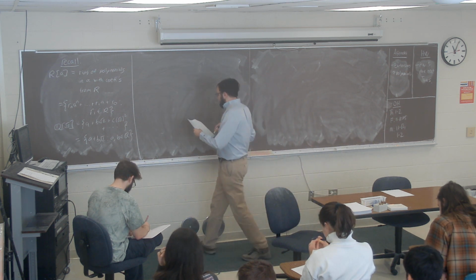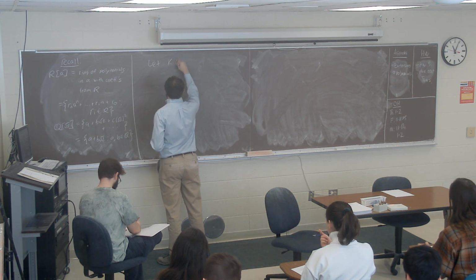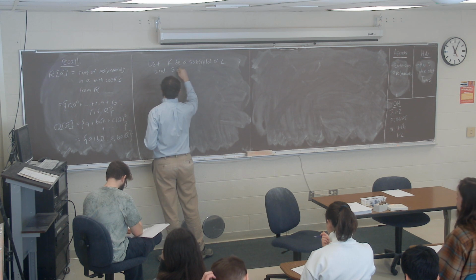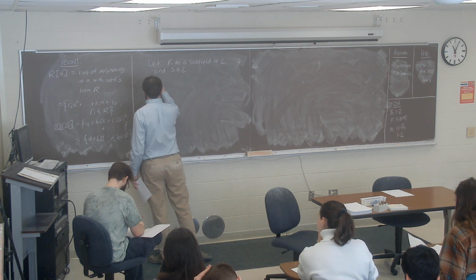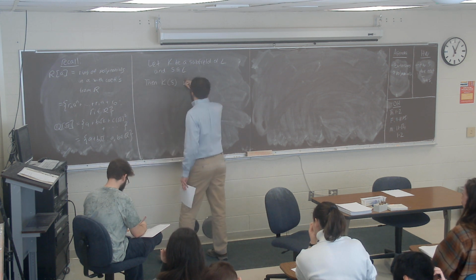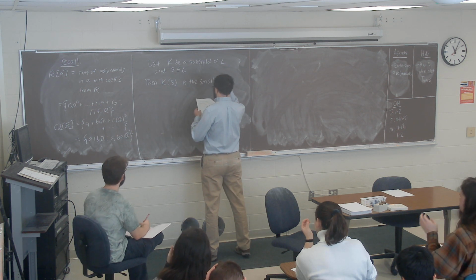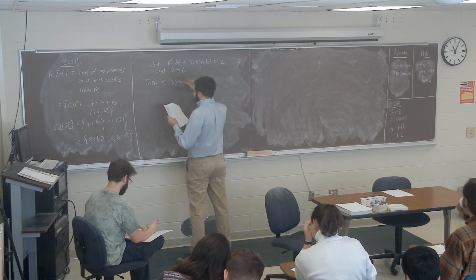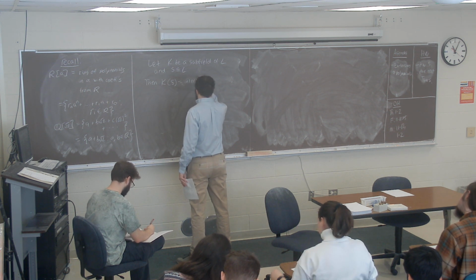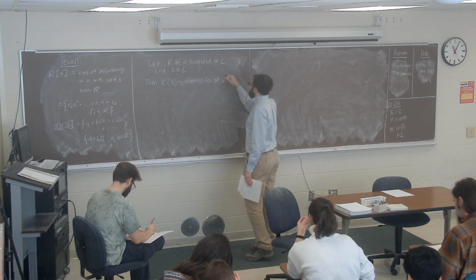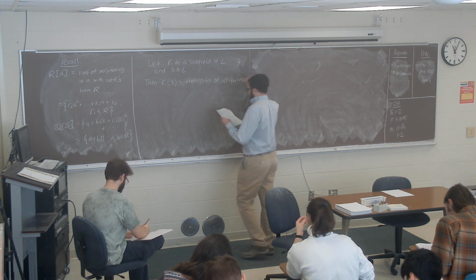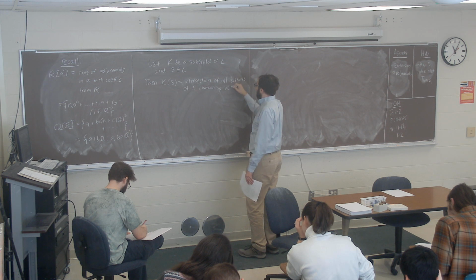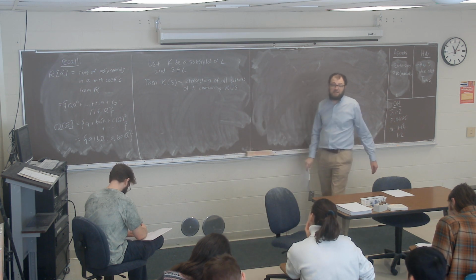Here's how it's defined. We're going to let K be a subfield of L, on page 2 in the packet, and S is going to be some subset of L. Then K of S is defined to be the intersection of all subfields of L containing both every element in K and every element in S, in other words containing the union of the two sets.